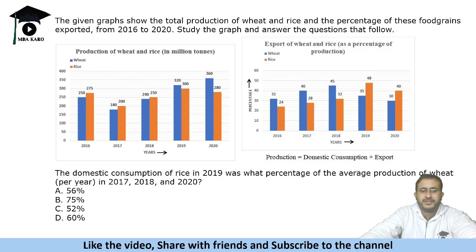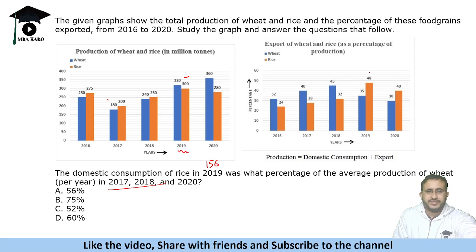The domestic consumption of rice in 2019 is what percentage of the average production of wheat in these years? Domestic consumption of rice we did in the previous question, which is 156, is what percentage of the average production of wheat in 2017, 18, 20?